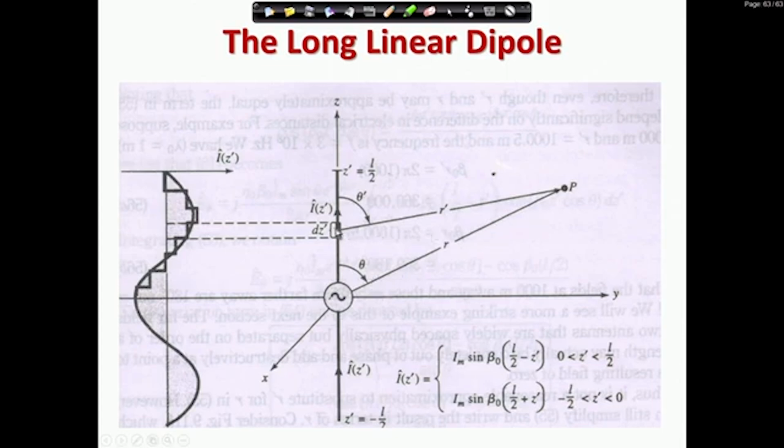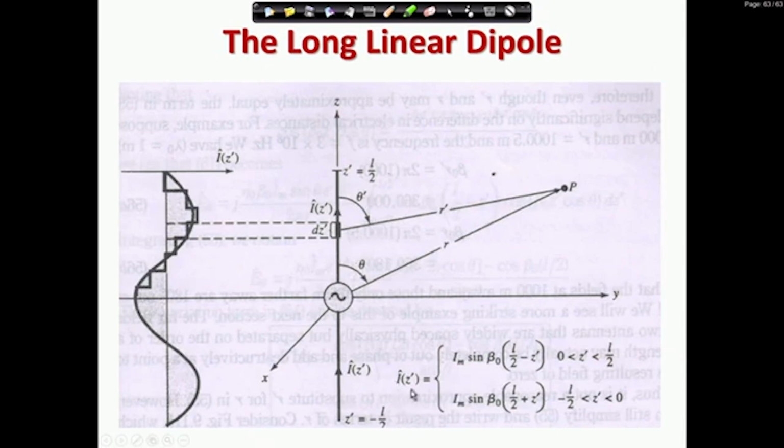Similarly, a current element at a distance z, with a coordinate dz dash, will have a radius vector r dashed. That means it has primed coordinates: r dashed, angle theta dashed, and z coordinate z dashed.